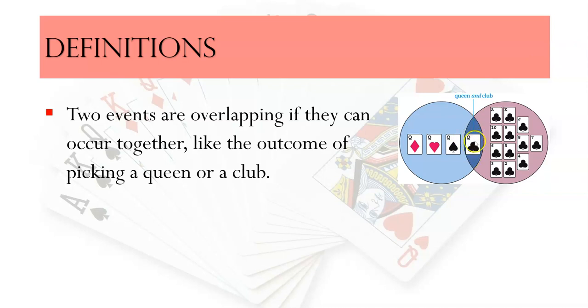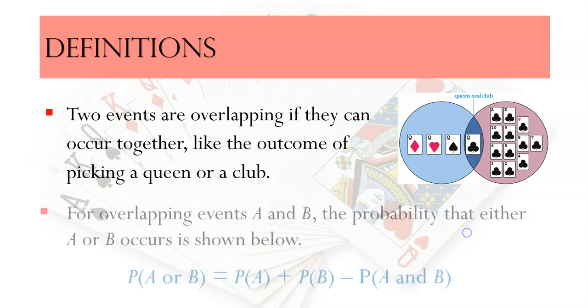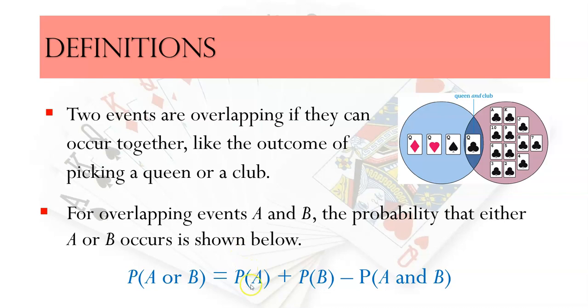That card falls into both categories. That would be considered an overlap. And when you combine these probabilities, you have to subtract the overlap out, or that card will be double counted. It will be counted twice. So, probability of the first thing happening plus the probability of the second thing happening minus any overlap that occurs.